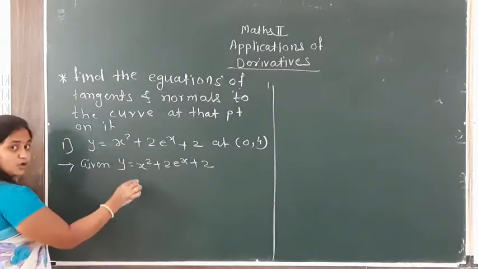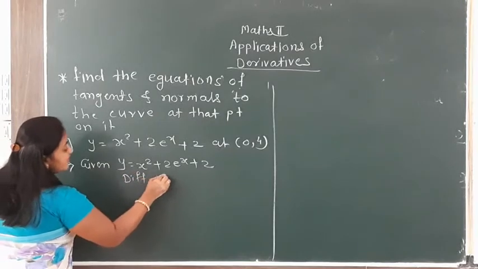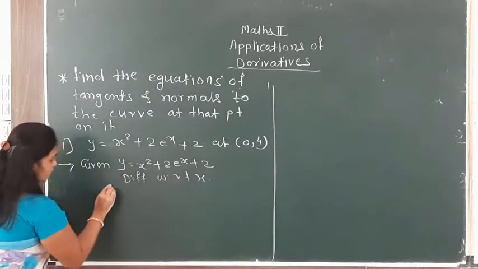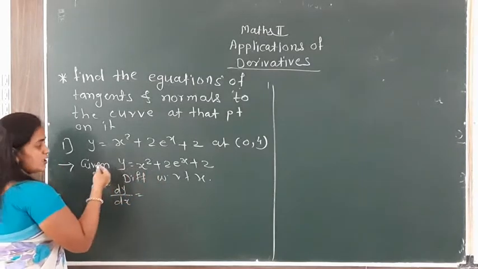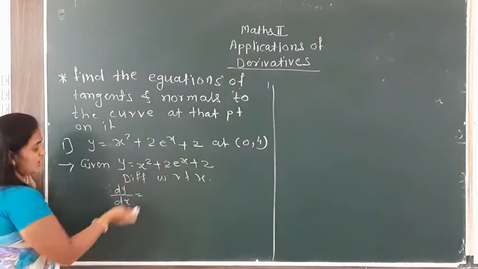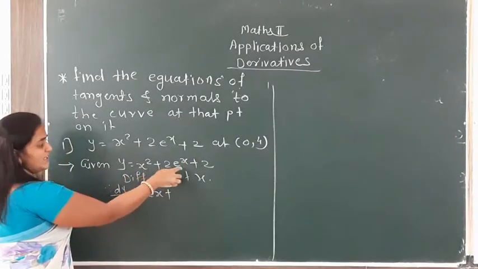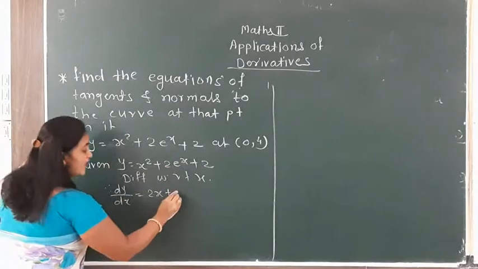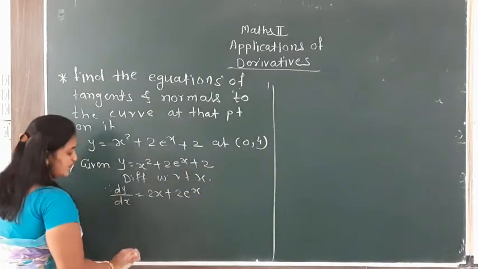So first we find the slope of the tangent. Differentiate with respect to x. So dy by dx is straightforward, because all are standard functions. The derivative of x square is 2x, 2 is a constant, the derivative of e raised to x is e raised to x, and the derivative of the constant term 2 is 0.